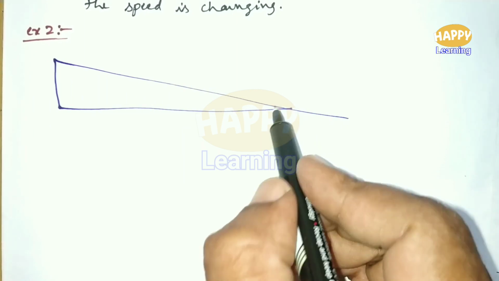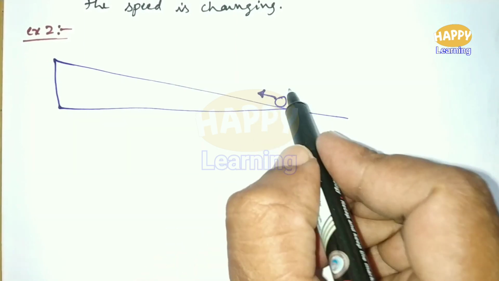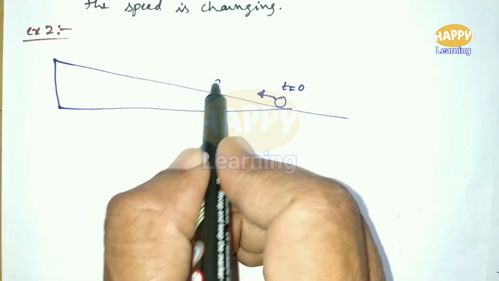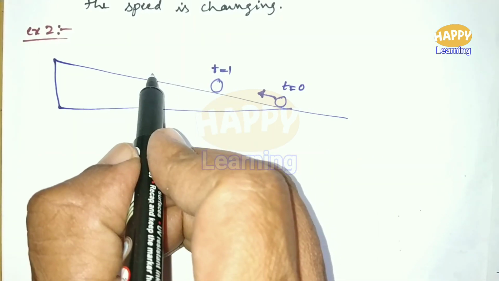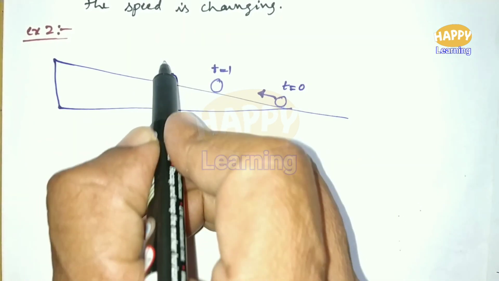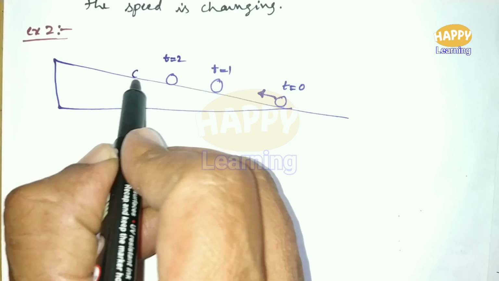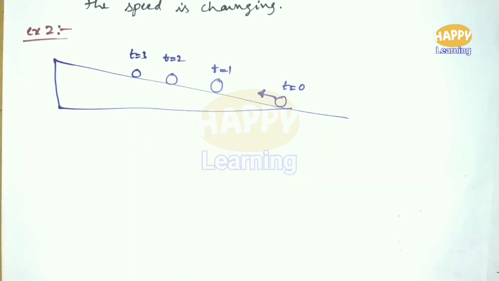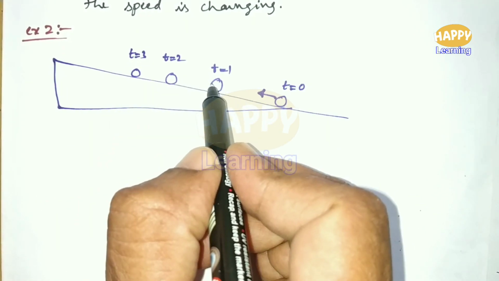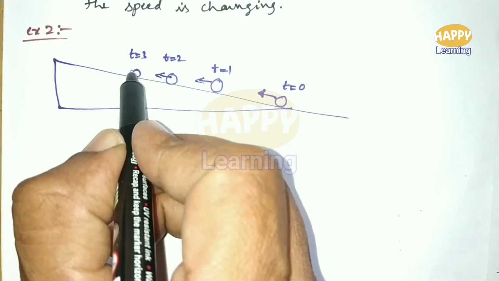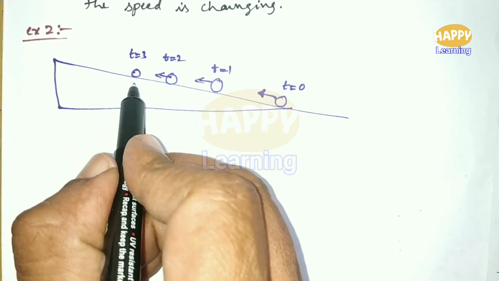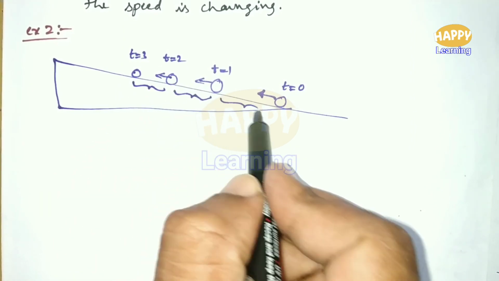Example 2. A body is thrown up along the inclined plane. By t equal to 1 second, it is somewhere here. By t equal to 2 seconds, it is somewhere here. By t equal to 3 seconds, it is somewhere here. So here the direction of motion is the same, but the distances covered are not equal.